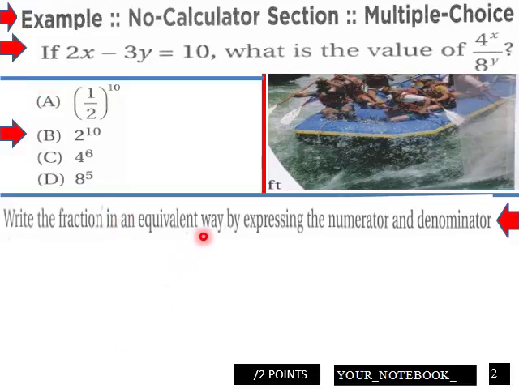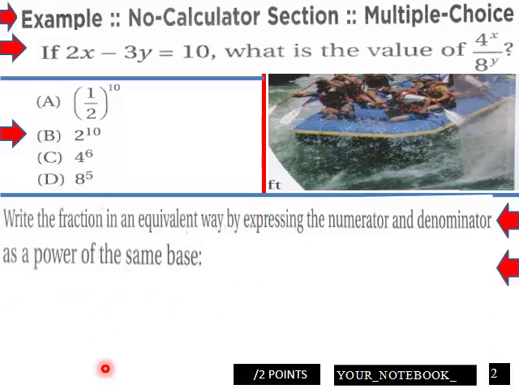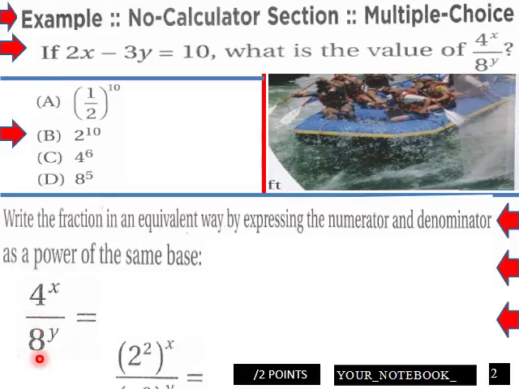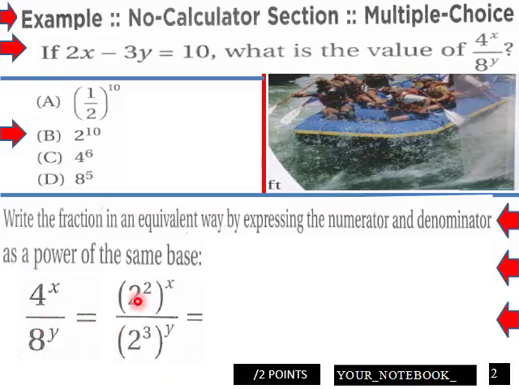Write the fraction in an equivalent way by expressing the numerator and denominator as a power of the same base. So 4^x over 8^y would equal 2 squared to the x over 2 cubed to the y. And then we could further simplify it by putting it in this form here, and even further by the quotient rule of exponents.